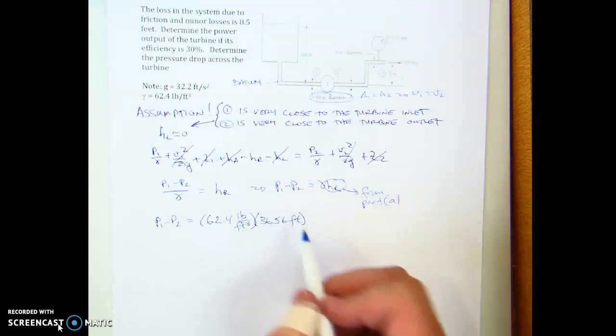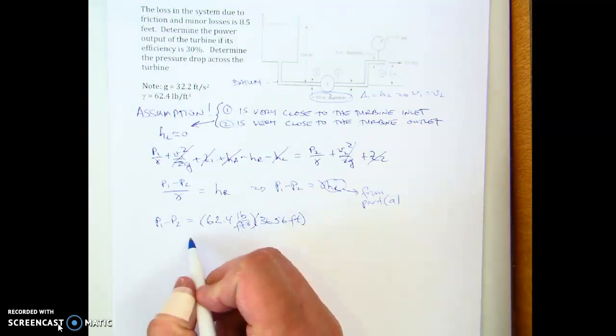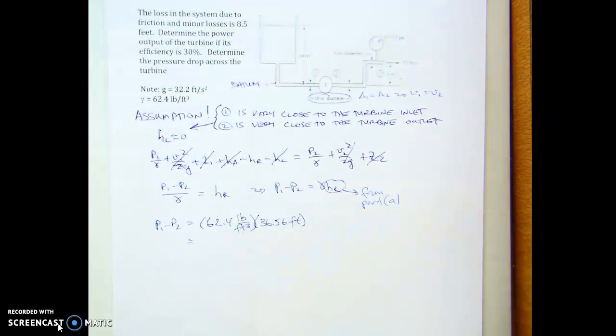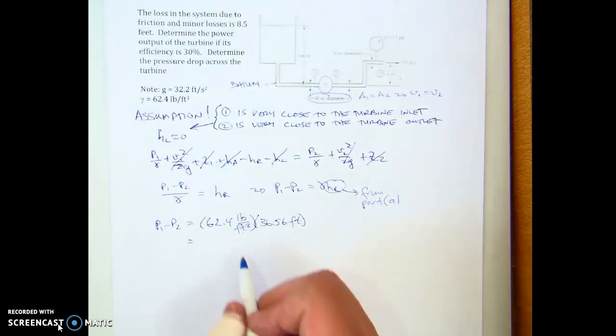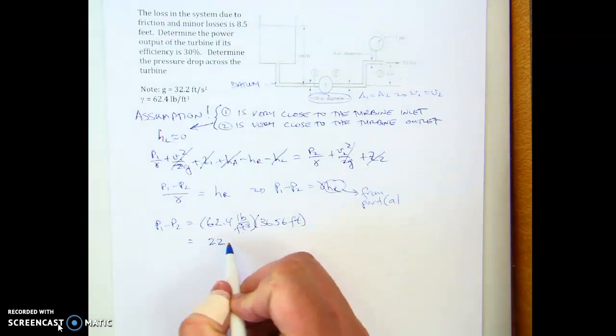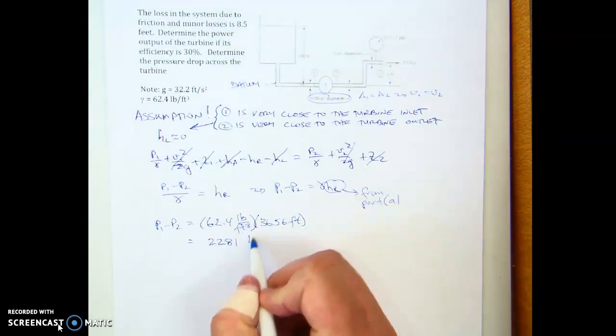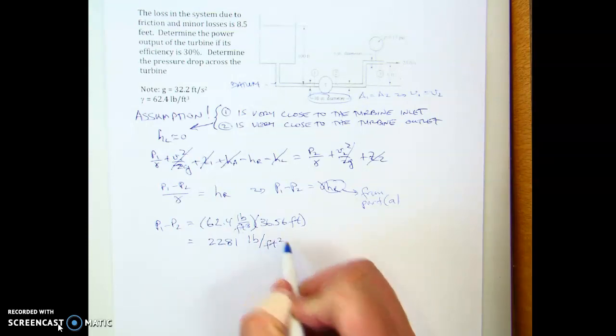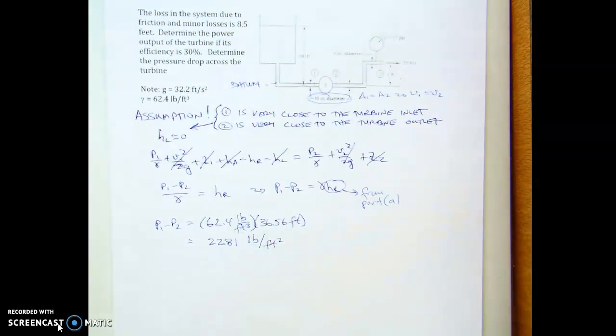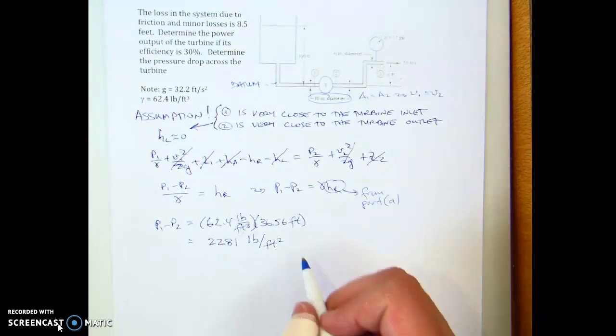And note we've got cubic feet and feet, no inches there, so our calculation should go fairly straightforward. And we get 2281 pounds per square foot, and that is a legitimate unit of pressure, but not the preferred unit.